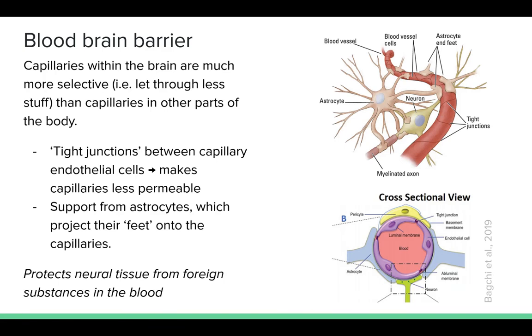For example, there are many drugs that, if you take them, will make their way into most of the tissues of the body, but won't make their way into the brain because they can't cross the blood-brain barrier. So if you're going to be studying any kind of internal medicine or pharmacology, it's very important to understand which drugs can cross the blood-brain barrier and which can't.